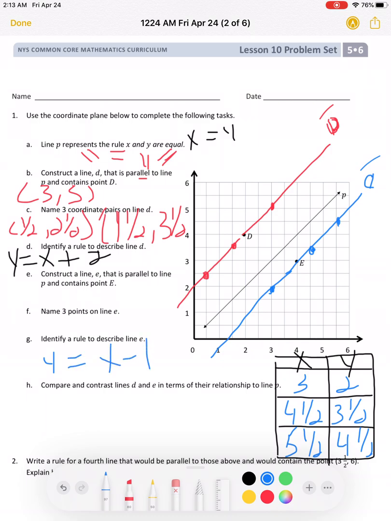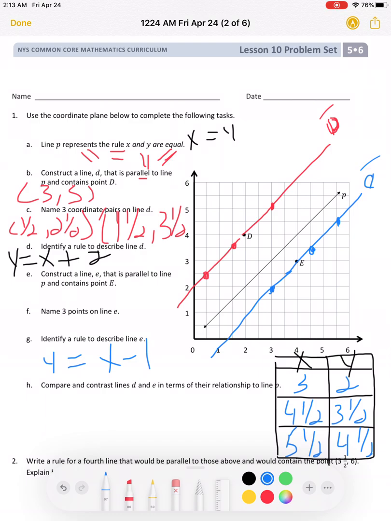Okay? Here, H says compare and contrast lines D, E in terms of the relationship to line P. So they want us to look at the red line, line D, the blue line, line E, and compare that to line P. Compare and contrast. What does compare and contrast mean? Compare things that are alike, good, and contrast things that are different, okay?